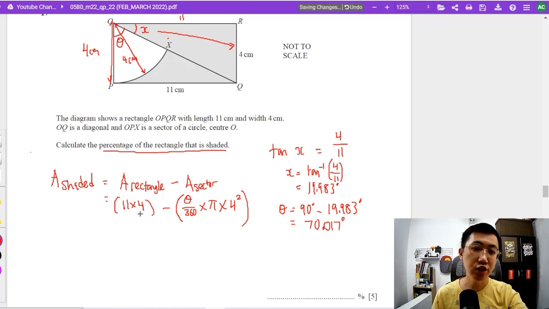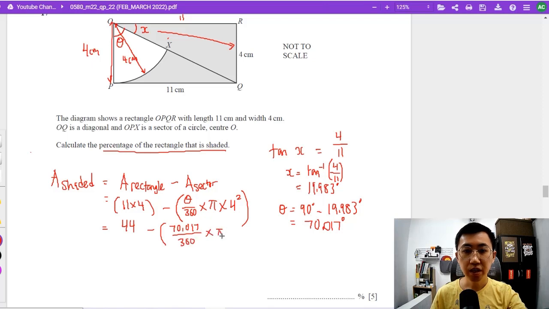Continue with your calculation just now. So now we can solve this. 11 times 4 is 44 minus, now fill up your theta, which we already know, 70.017 over 360 multiply by pi multiply by 4 squared.